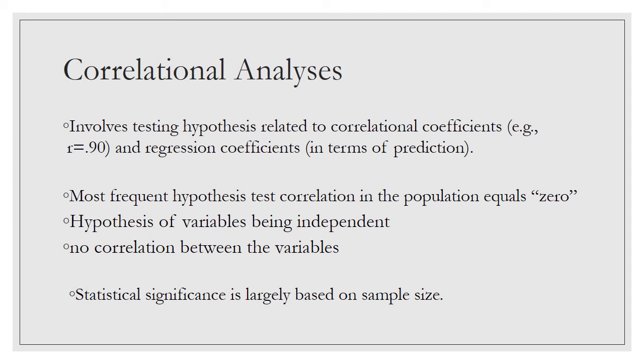But I will tell you that this is so highly related to your sample size that when you get a really, really, really large sample size, any correlation starts to become significant. So be cautious when doing statistical significance on correlations. We also use kind of standard ideas of correlation as effect size. So we say things like we have a small, medium, or large correlation in our sample, and we try to relate that back to the population.